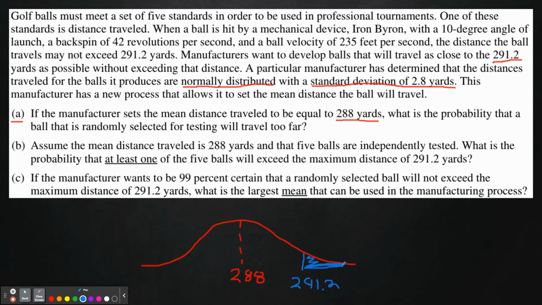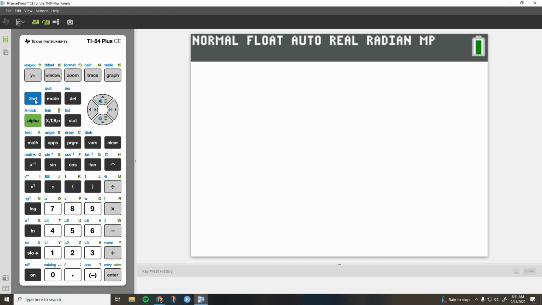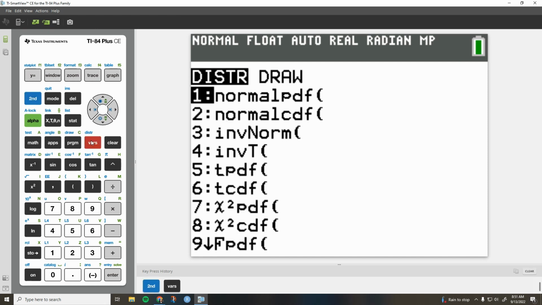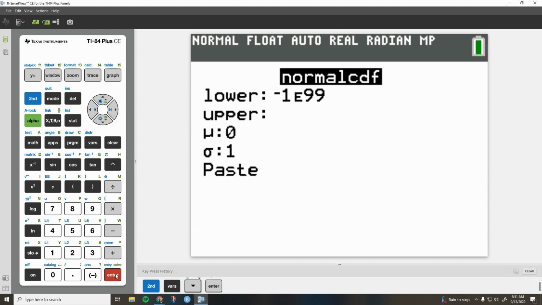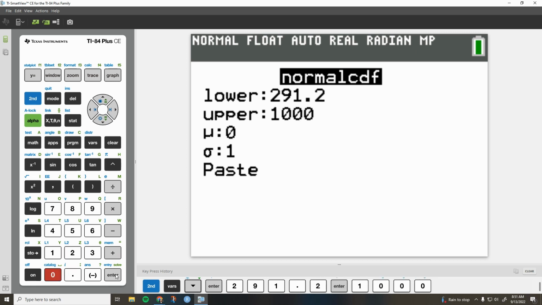We can find that by going to our calculator and using normal CDF. On our calculator, we'll hit second vars to get to the distributions menu and then go down to normal CDF. The lower boundary on our curve was the 291.2 yards. The upper just needs to be something really big, like 1,000.